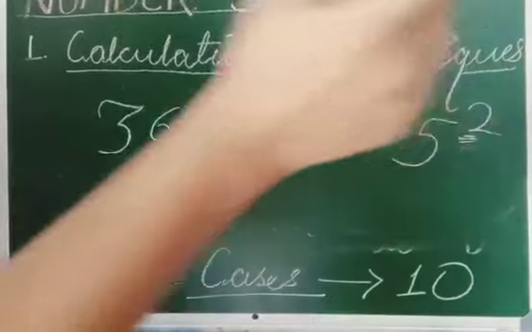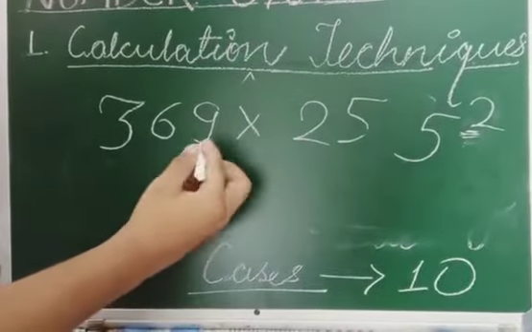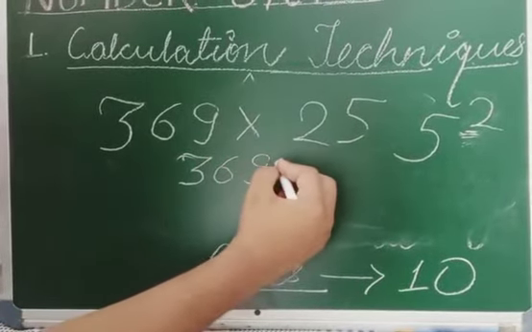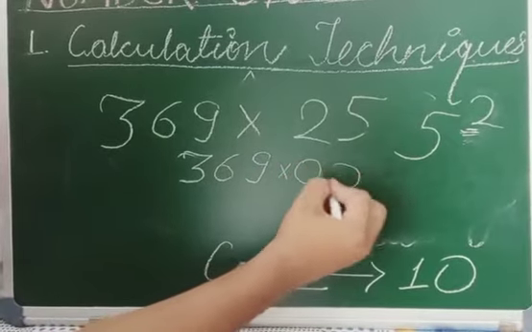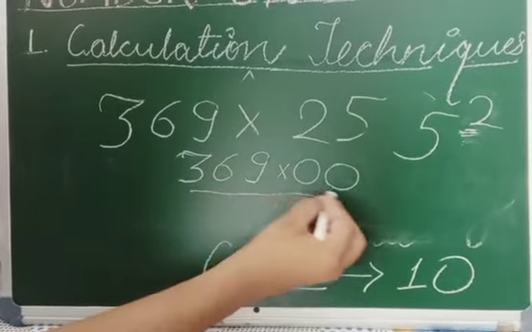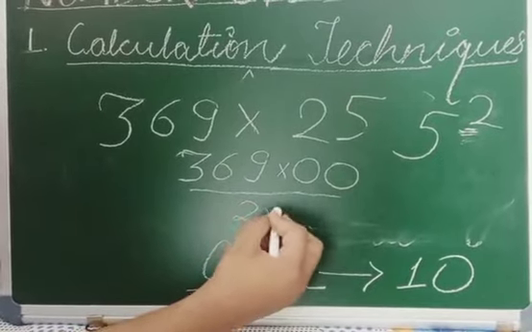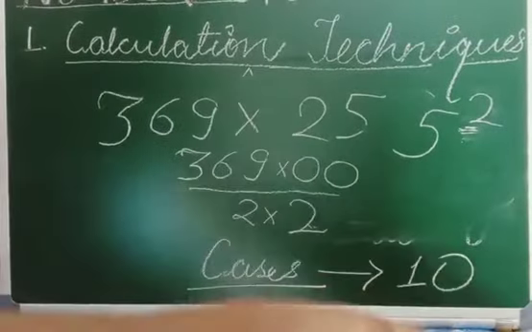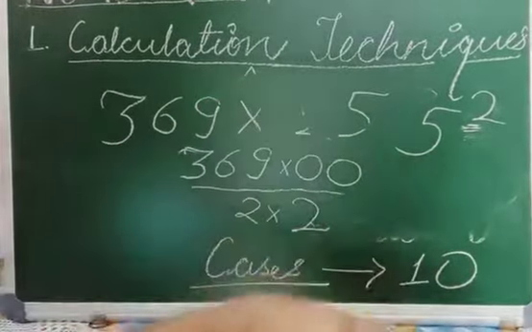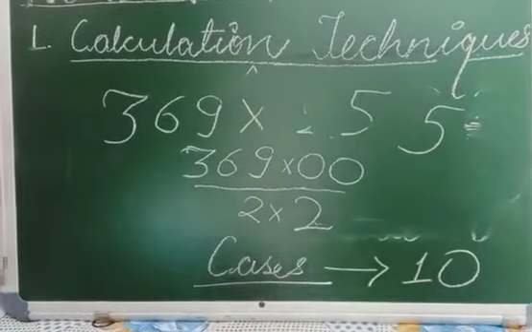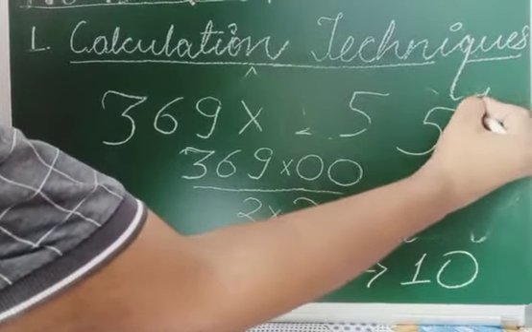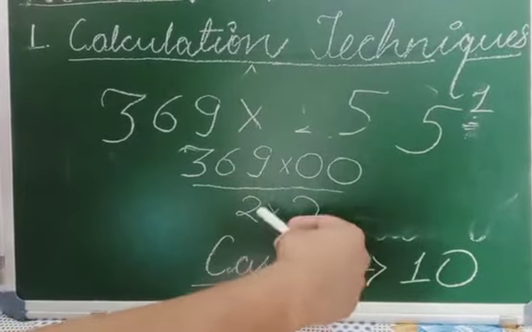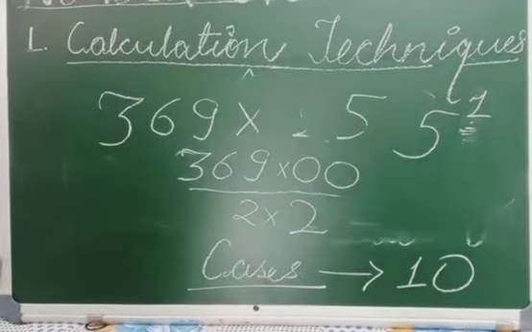So now we will displace only two zeros at the end of 369 and divide it only by two 2s. And if there is only 5, there will be power 1. Then we will displace only one 0 and divide by only one 2. So this is case 1.